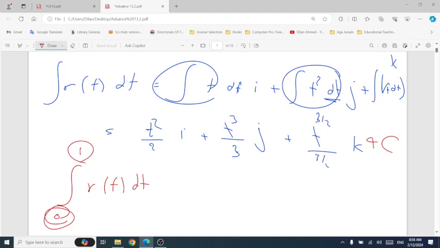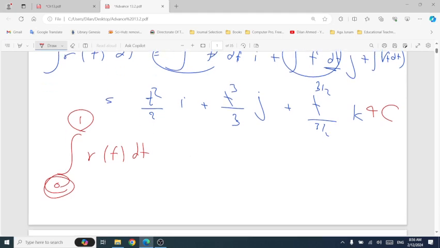When you finish, for example, if I have the same previous example, when I finish all of this, I say it equals t squared over 2 i plus t cubed over 3 j plus t to the 3 over 2 k from 0 to 1.